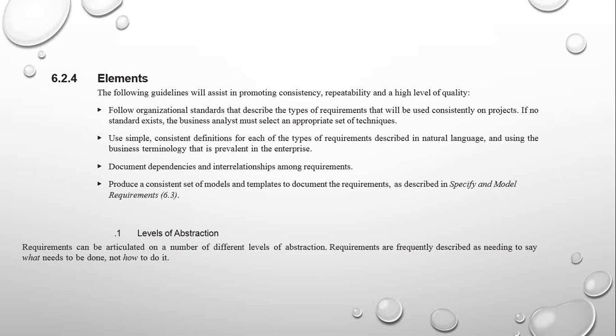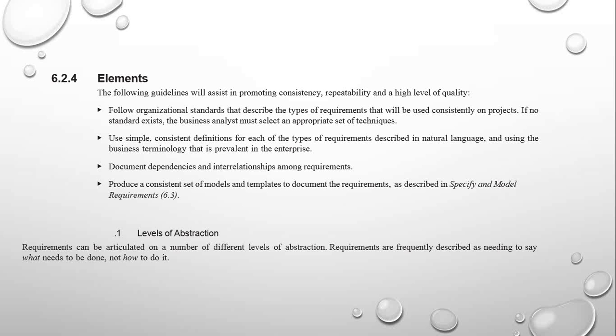Now the first element is level of abstraction. What exactly does it mean? It means the requirement can be articulated on a number of different levels of abstraction. Requirements are frequently described as needed to say what needs to be done, not how to do it. That is a very big and very important saying for the business analyst.